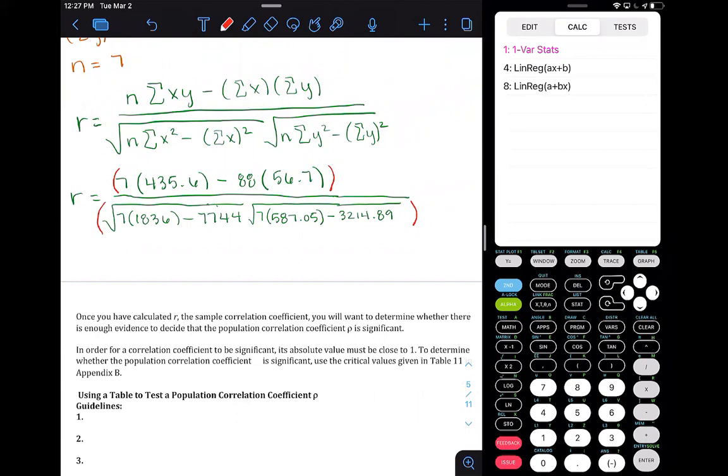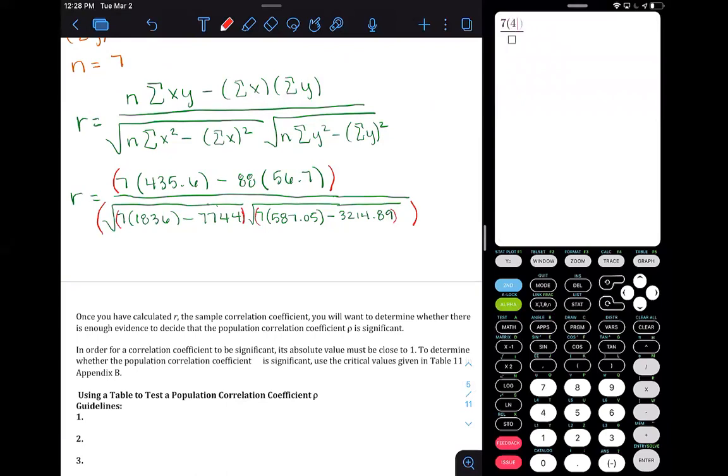If you have the 84 Plus, you'll be fine. If you have an 83, make sure you close your parentheses after your square root to represent being out of the square root. If you have the 84, if you hit alpha y equals, it'll create that fraction for you. That helps a lot.